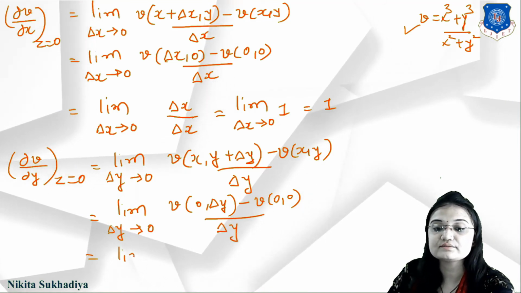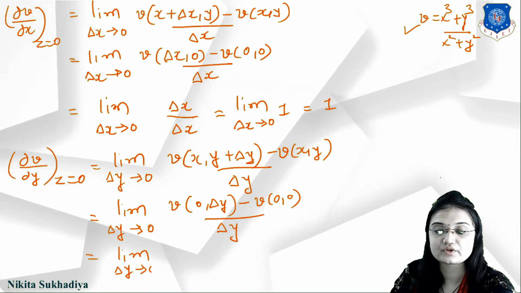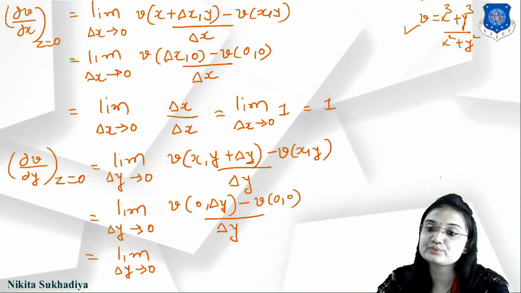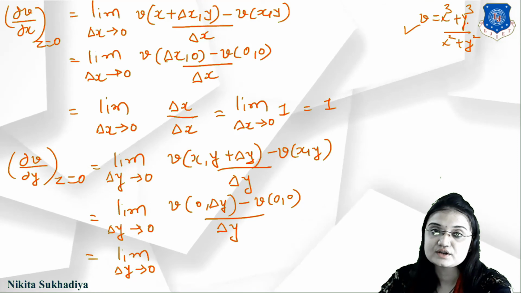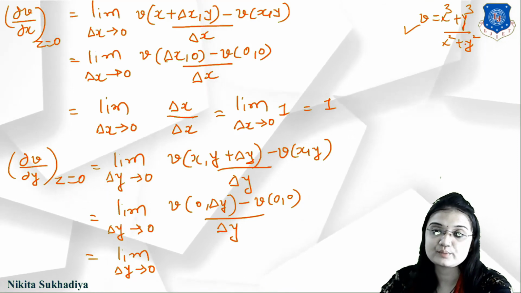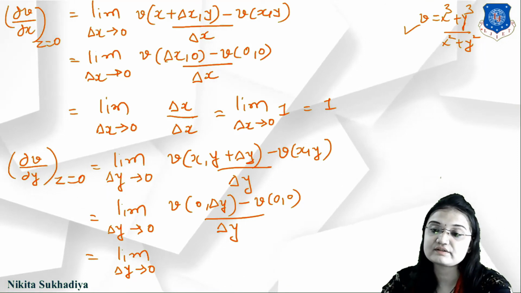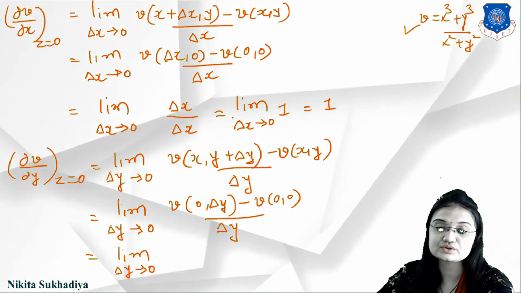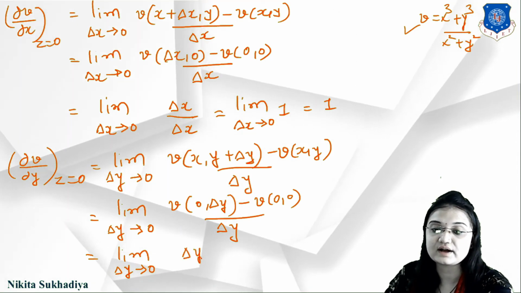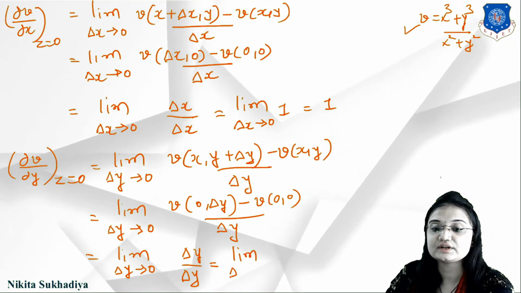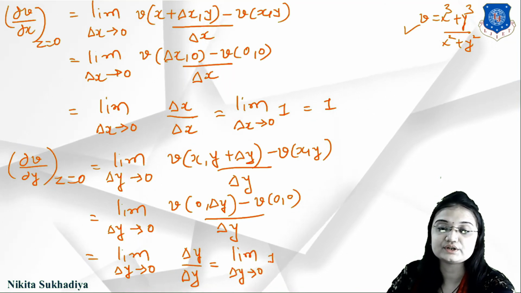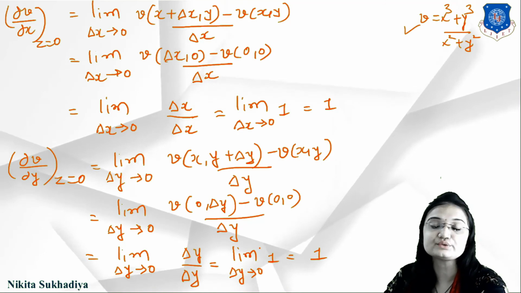Okay, now what is the meaning of v(0, Δy)? So put x is equal to 0 and y is equal to Δy. So this will become Δy cube upon Δy square. So Δy square cancels out. So this will become only Δy upon Δy. So we will get the answer limit Δy tends to 0, 1. So we will get the answer 1.